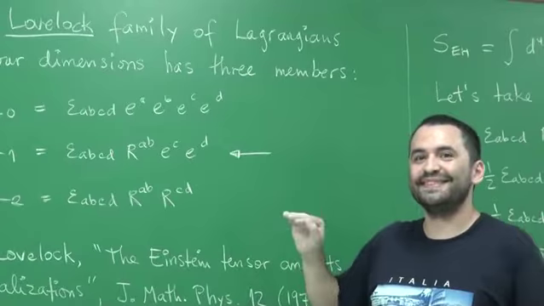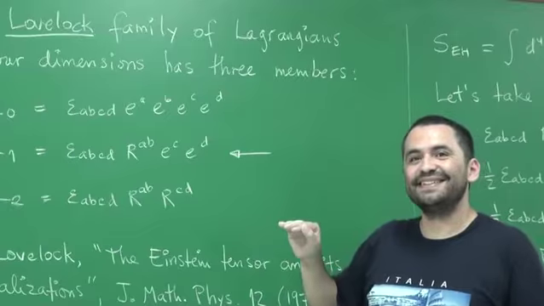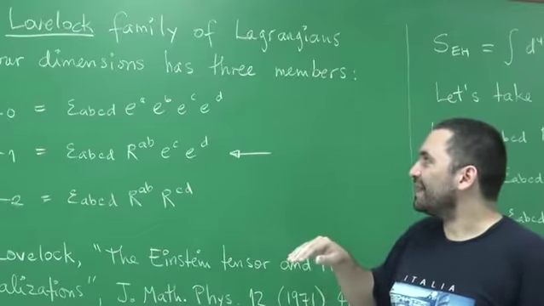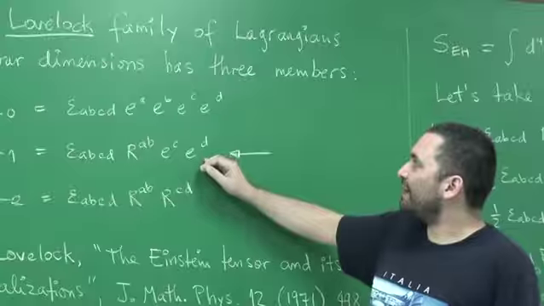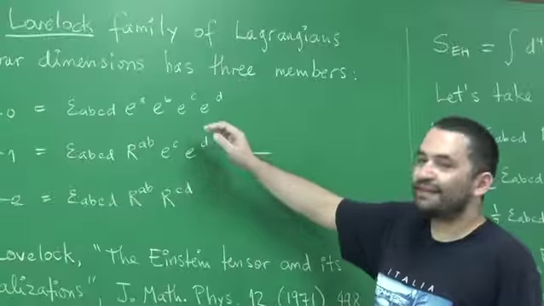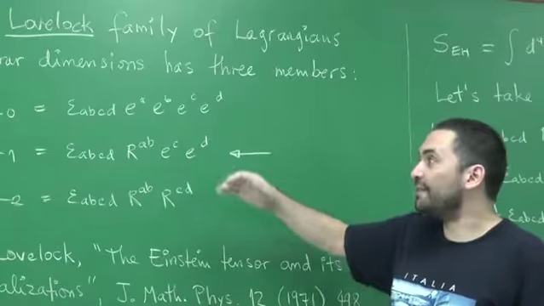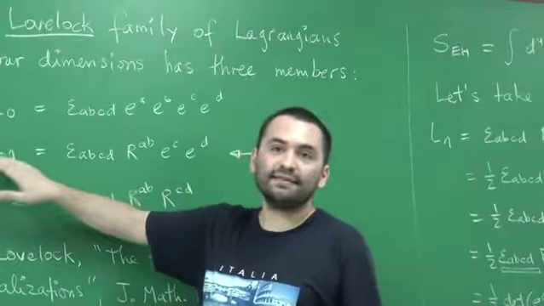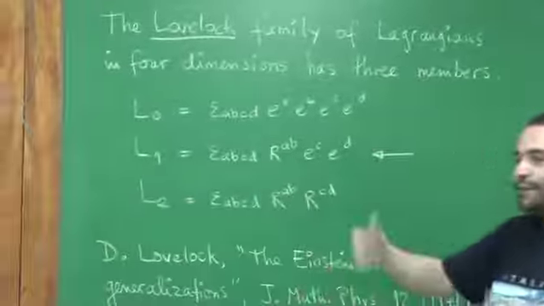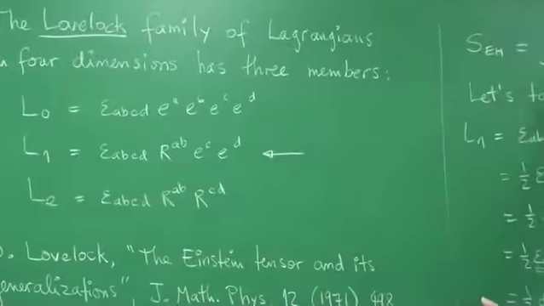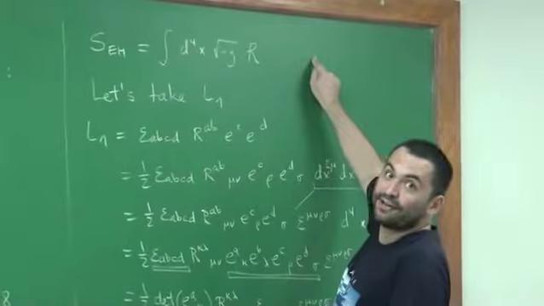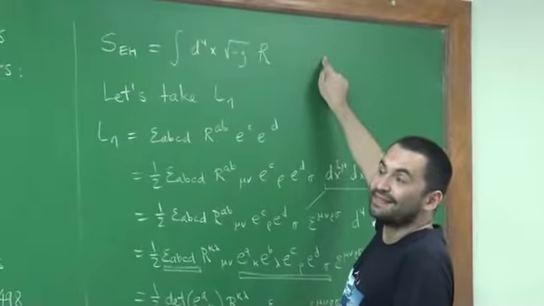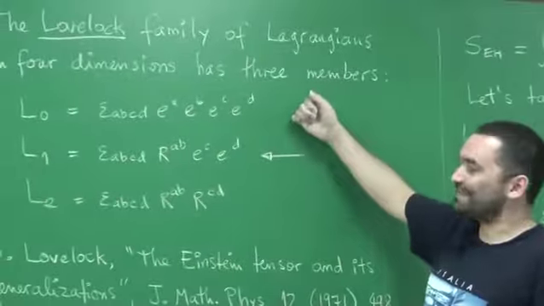But what do you mean gives you the cosmological constant? If you include this Lagrangian, for example, you take alpha 0 times L0 plus alpha 1 times L1, then what you find is the Einstein-Hilbert Lagrangian plus a cosmological constant. So it's nothing new in this sense.